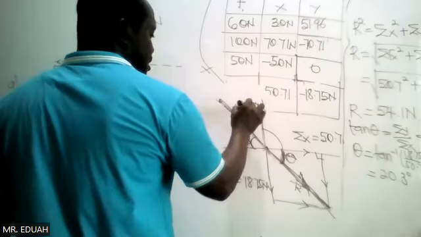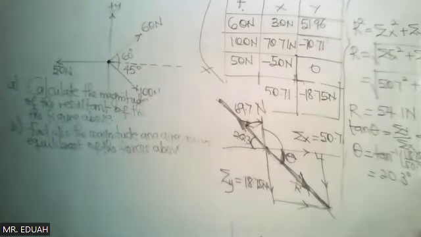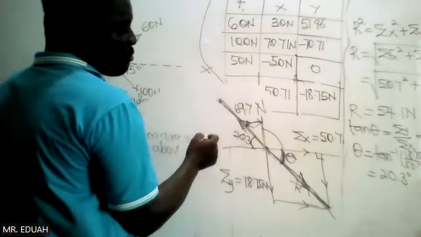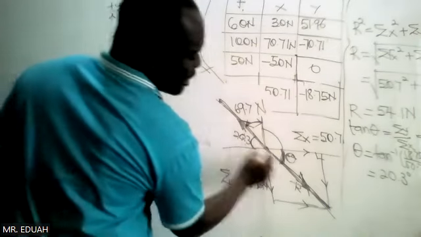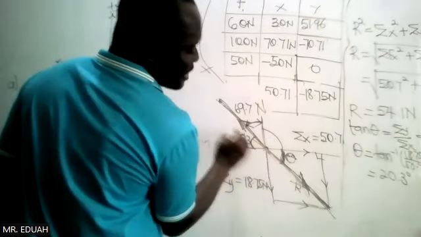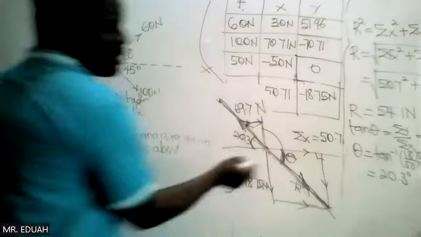69.7. Okay, so if you are at the north, the equilibrium has to be counterclockwise. Okay, or this is the resultant. The reference is the resultant.